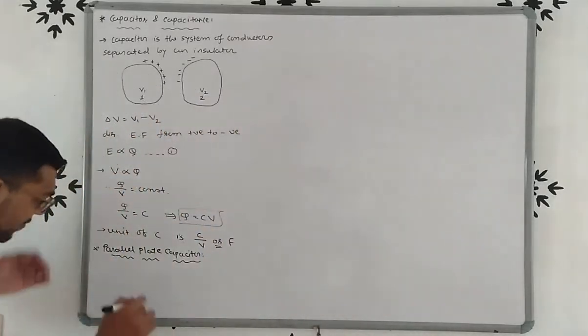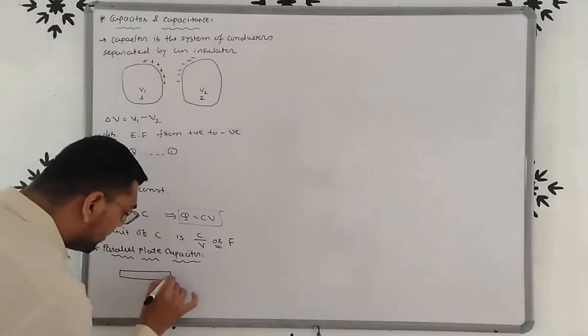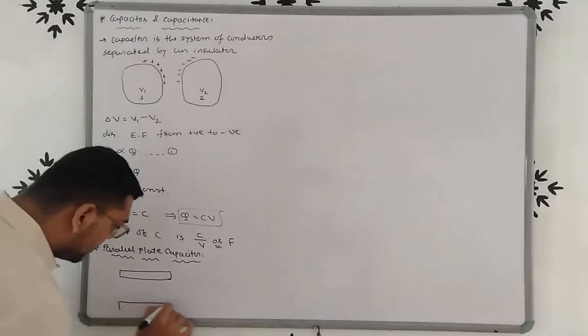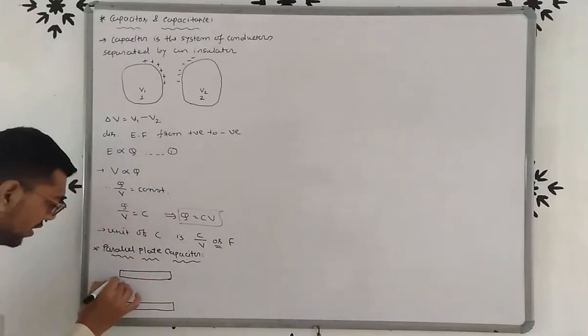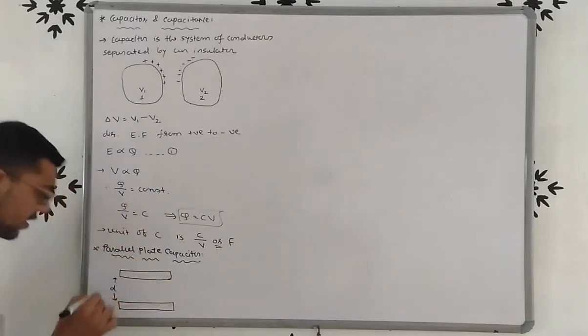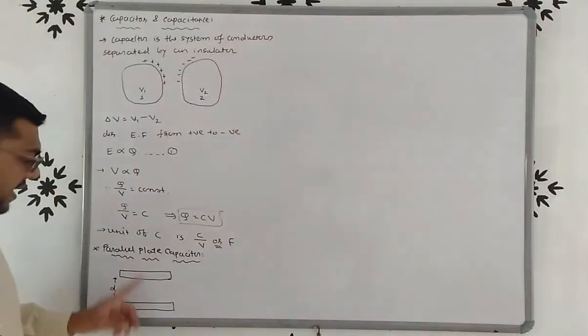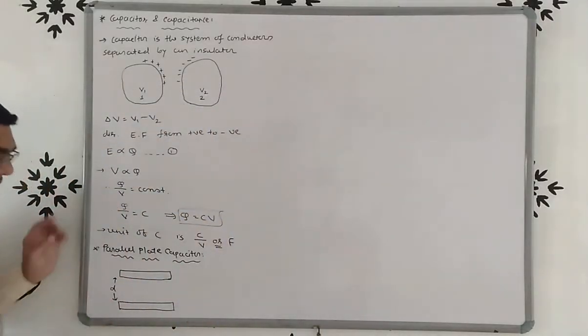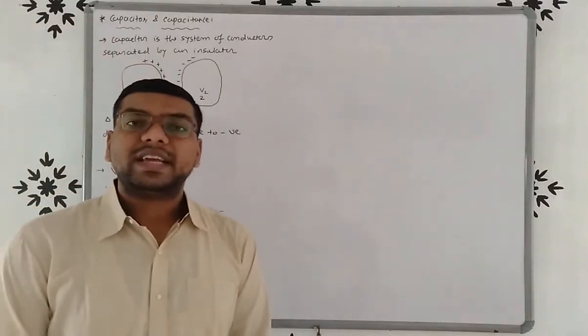Consider, friends, these large plates separated by a distance small d. As shown in the figure, the large plates are separated by a distance small d. This is known as the parallel plate capacitor.